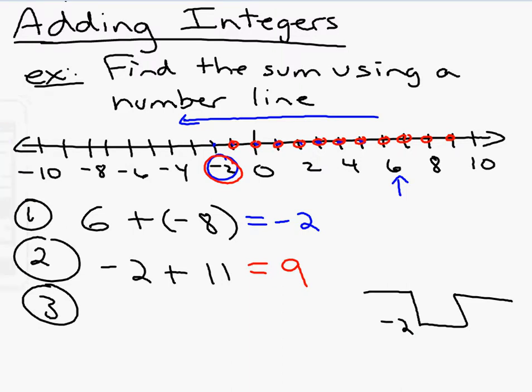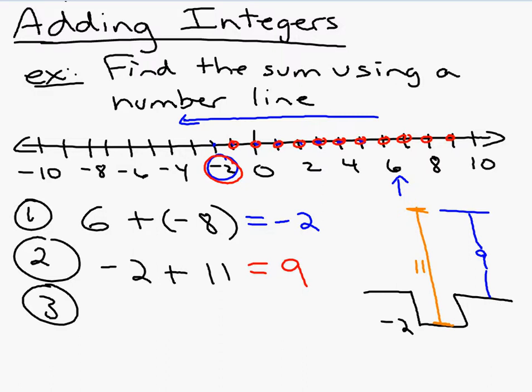If I put a board in that hole and the board itself is 11 feet long, do you see that the board will be sticking 9 feet above ground? That this will be 9? Right? If I put an 11-foot board in a 2-foot hole, there's going to be 9 feet sticking out above the ground. Does that make sense? Okay, so we're going to keep coming back to the hole illustration quite a bit.